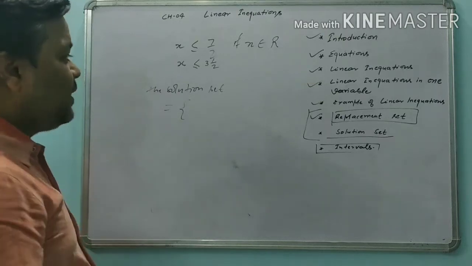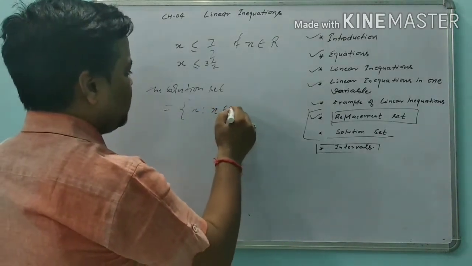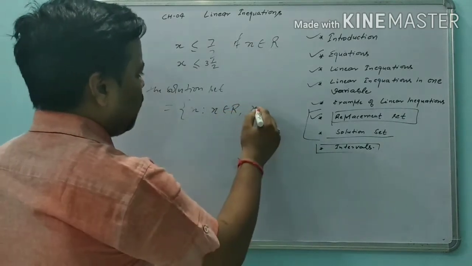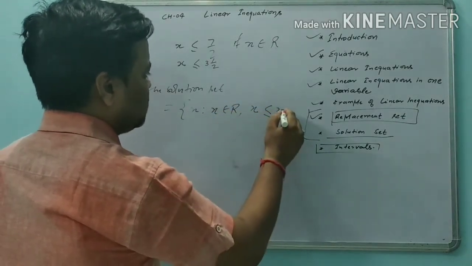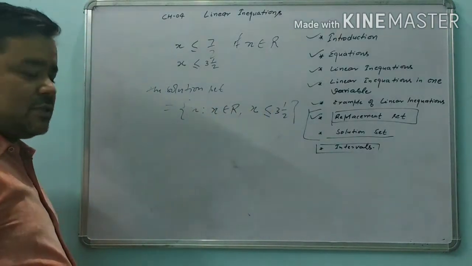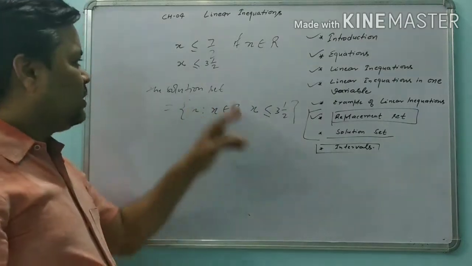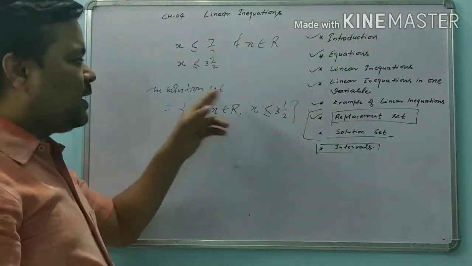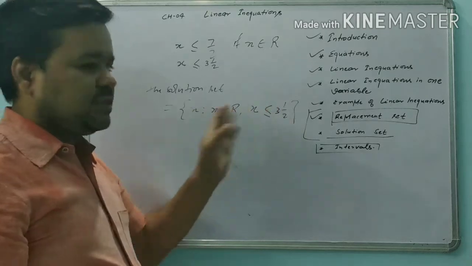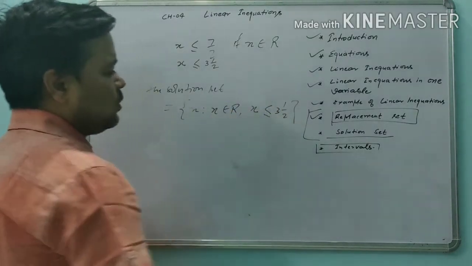We will always write in rule method this way: x such that x belongs to R and x is less than or equal to 3 1/2. You know why like this? Because there are infinite real numbers less than this. Therefore, we cannot write it point to point in the set. Therefore, we write it with the help of rule method.